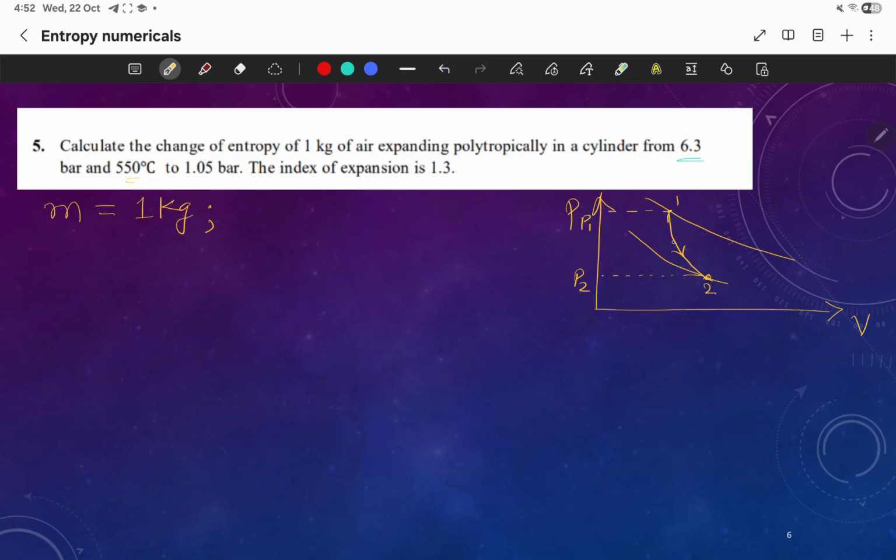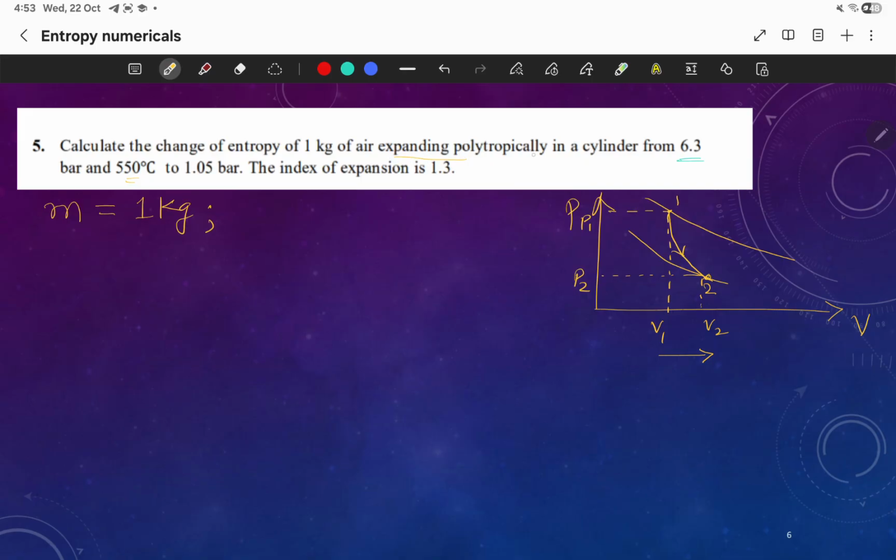So you can just draw it nicely. This will be V1, this will be V2. So here volume is increasing when the mass of air goes from 1 to 2.